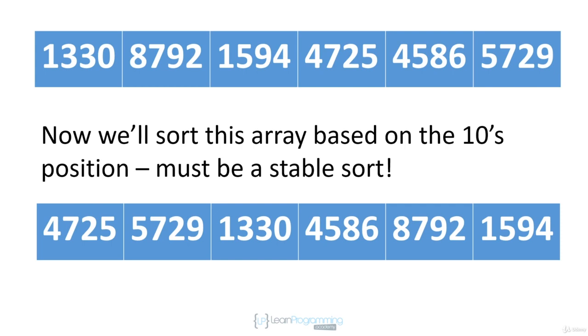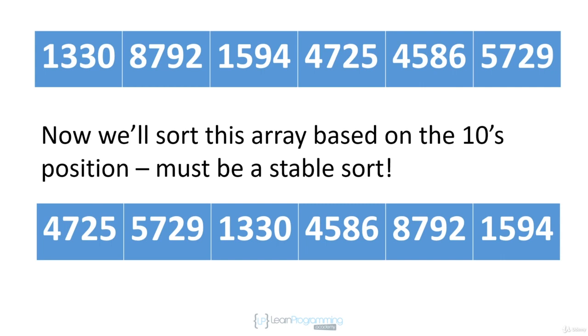Now, as I mentioned, critically important, this is a stable sort. You'll notice that we have a couple of pairs of duplicates here. 4725 and 5729 both have 2's in the rightmost digit -1 position, and you'll notice at the top that 4725 came before 5729, and in the bottom 4725 still comes before 5729, and that is critical.